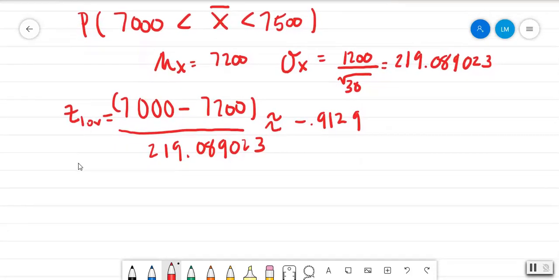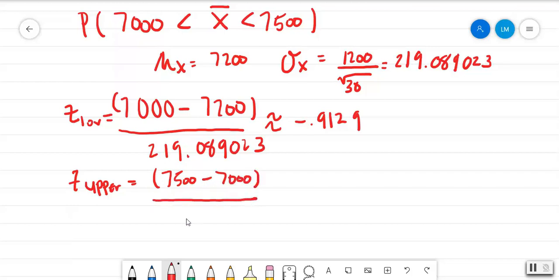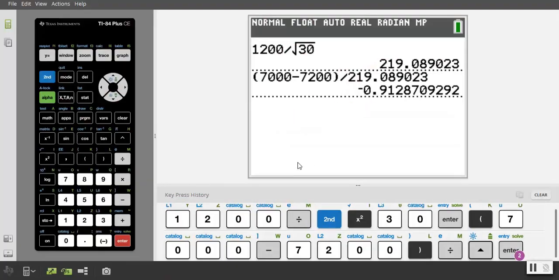But we want to find also the upper. So the upper is going to be 7,500 minus 7,200 divided by the standard error, 219.089023, and we're going to plug that into our calculator as well.